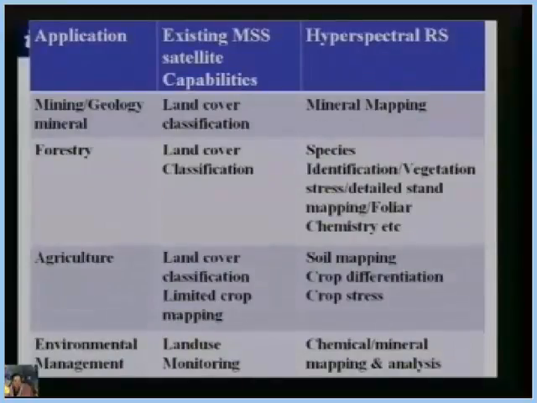With agriculture, again, land cover classification, limited crop mapping, but with hyperspectral, one can aim at soil mapping, crop differentiation, and crop stress studies, to name a few. In environmental management, land use monitoring is possible with the existing satellite capabilities, whereas from hyperspectral remote sensing we can attempt chemical mineral mapping and their analysis.